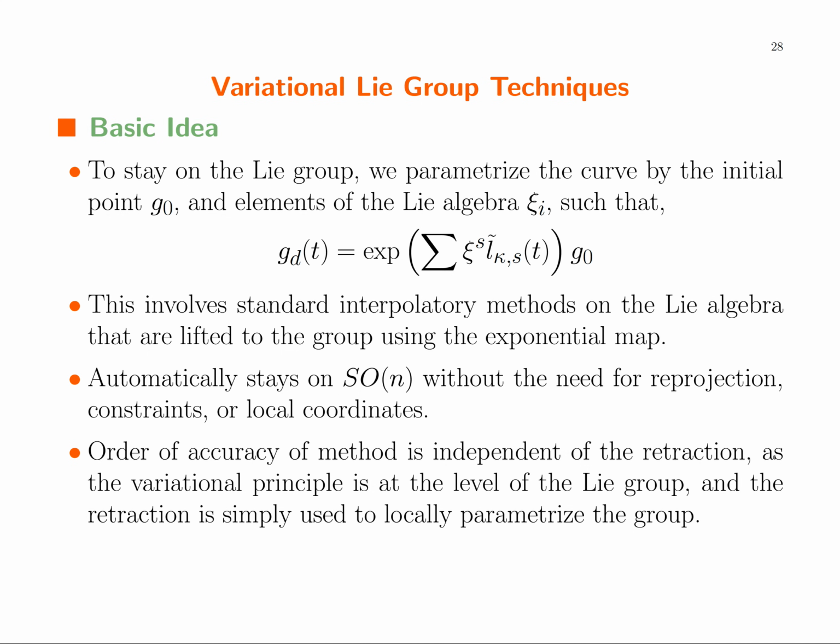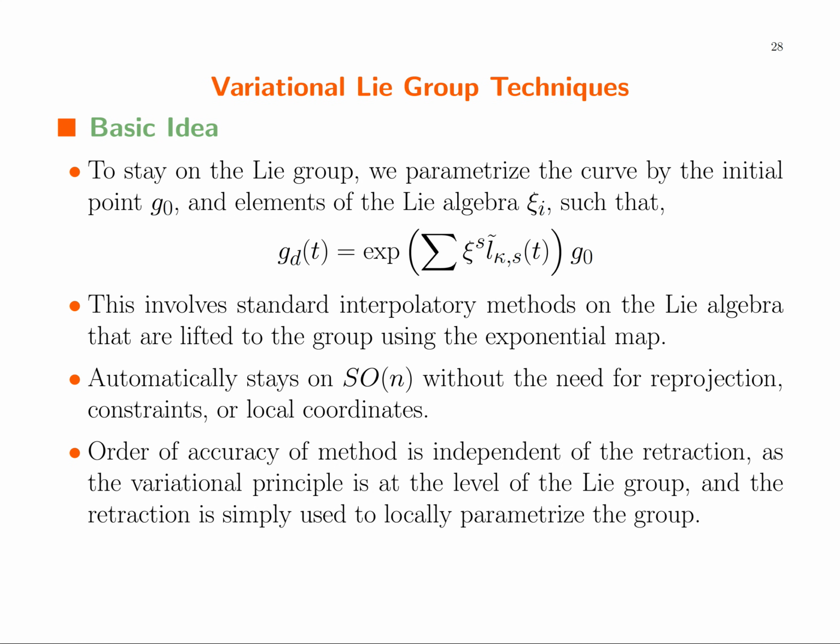All right, so what's the basic idea behind this? The basic idea is that if you are in a Lie group, there is always an associated Lie algebra, which is the tangent space at the identity of the Lie group. The Lie algebra is always a linear space, okay? And you can locally relate the Lie algebra and the Lie group with an exponential map. In particular, the rotation group has as its associated Lie algebra the space of skew-symmetric matrices, and clearly the space of skew-symmetric matrices is a linear space.